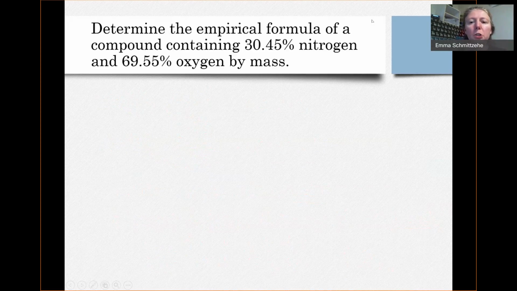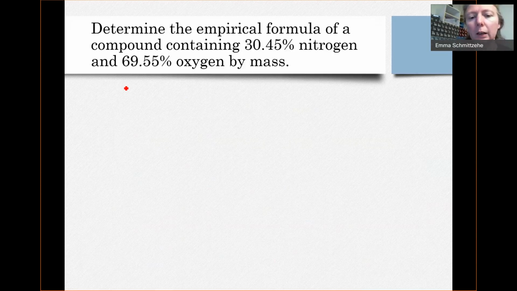Here we go. So determine the empirical formula of a compound containing 30.45% nitrogen and 69.55% oxygen by mass. So remember I said if you have percents, you can just convert those to grams because each of those is per 100 grams of sample.